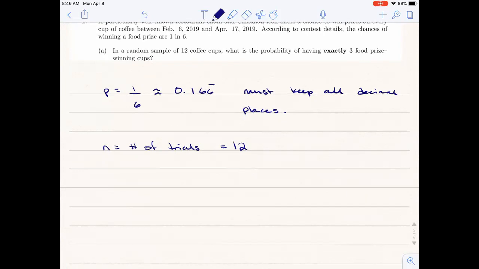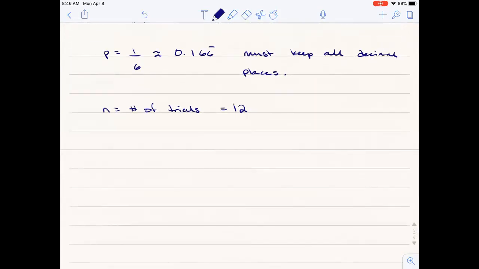So then we have to use our binomial distribution. And so we want K, which is the number of successes. We want it to be 3.